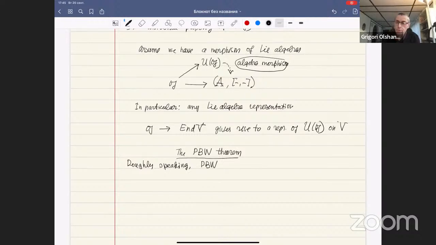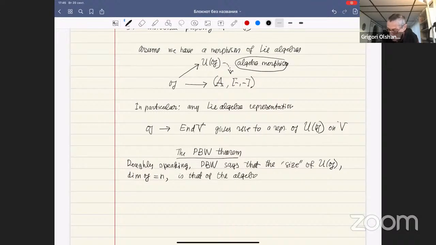Very roughly speaking, the Poincaré-Birkhoff-Witt theorem says that the size of U(g), if dim g is finite, is the same as that of the algebra of polynomials in n variables. This is a very rough formulation.